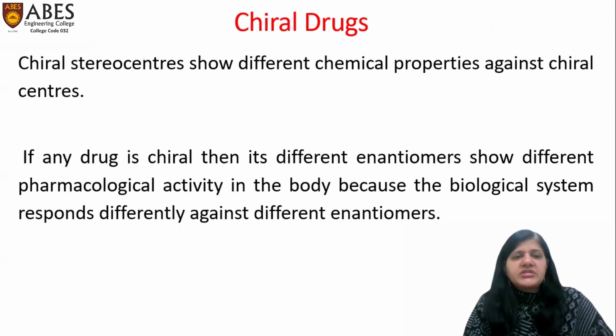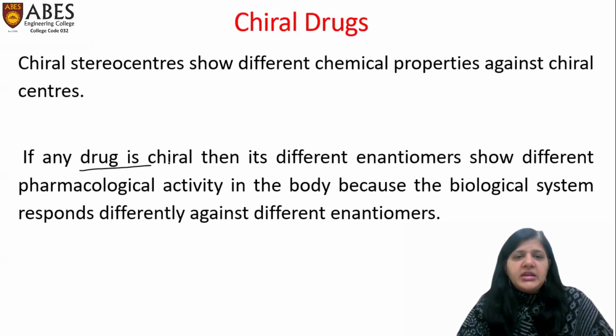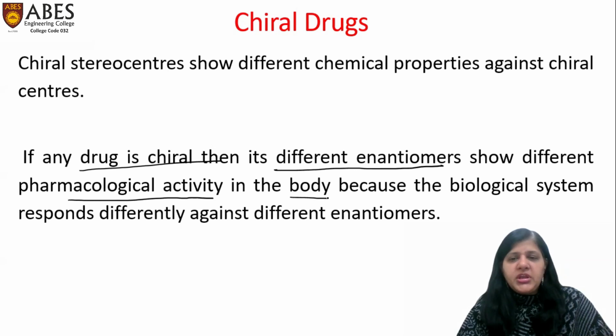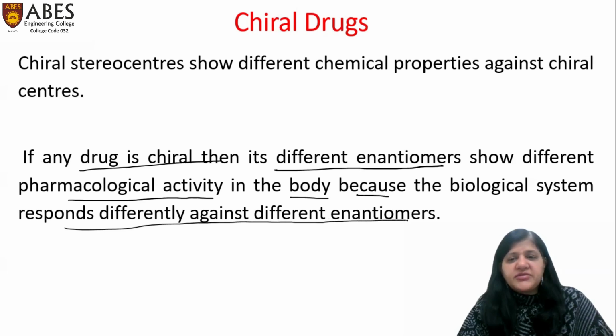Next is chiral drugs. Chiral stereocenters show different chemical properties. Chiral stereocenters are very specific and show very specific reactions when the other reagent is also chiral in nature. If any drug is chiral in nature, then its different enantiomers will show different pharmacological activity in the body because the biological system responds differently to different optically active enantiomers.